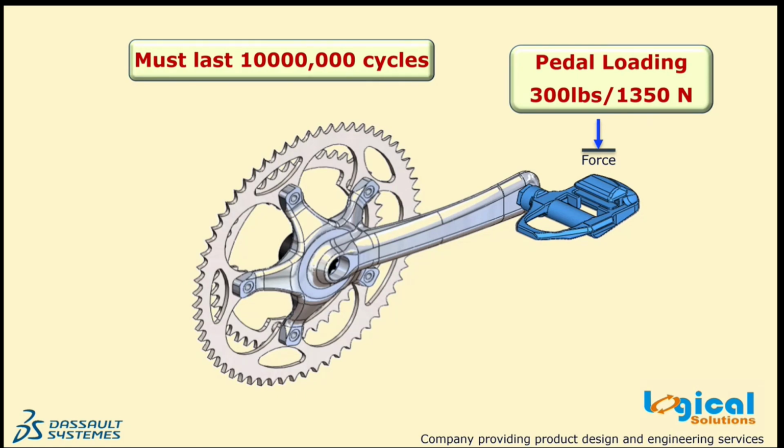So we are applying 1350 Newton on this pedal face. Let us see which version of the component is sustaining more and giving us more life cycles. The minimum we are expecting is that it has to sustain these many cycles. So now let us jump into SolidWorks.